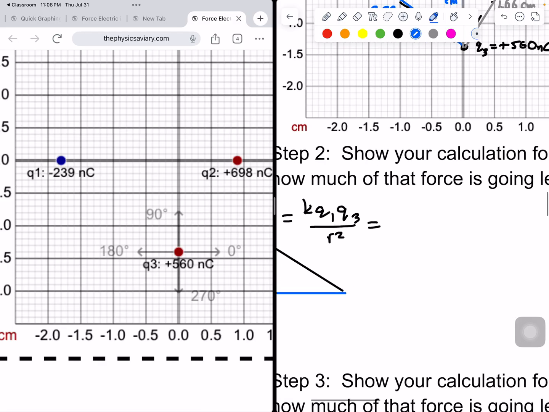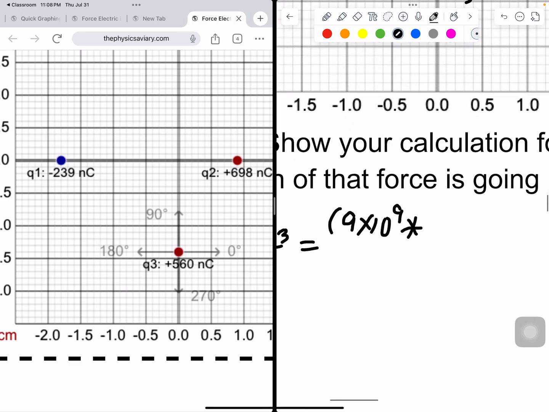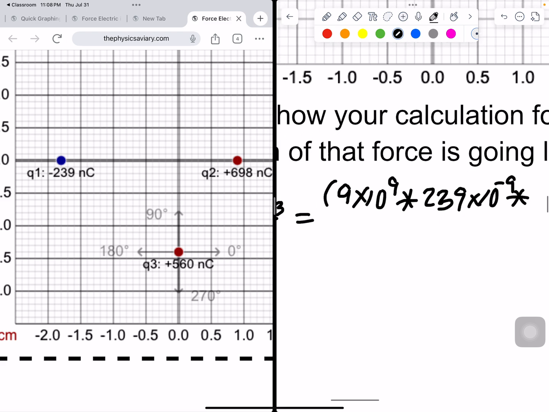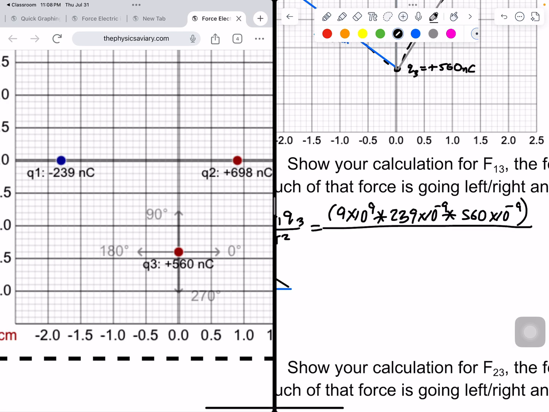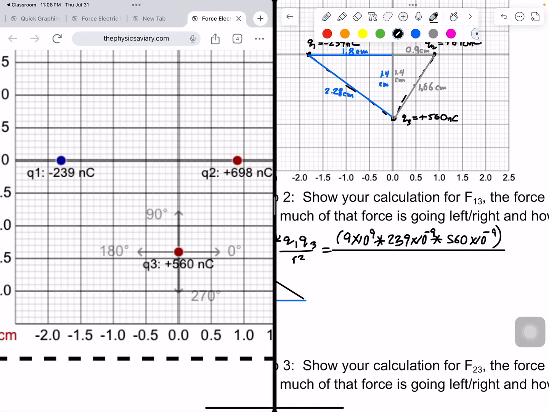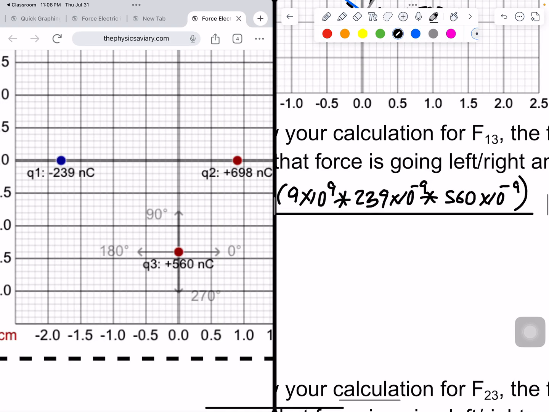Okay, so to find our value, we'll plug in 9 times 10 to the 9. Now for me, charge 1 is negative 239 nanocoulombs, so I'm going to put in 239 times 10 to the negative 9. And charge 3 is 560, so 560 times 10 to the negative 9. Okay, and the distance between charge 1 and charge 3 is 2.28 centimeters, so that would be 0.0228 meters, and then we got to square that.